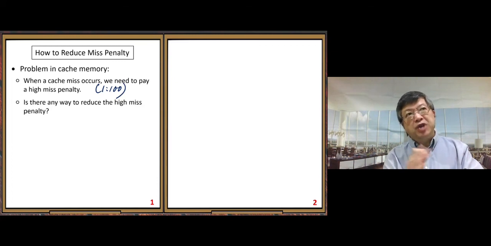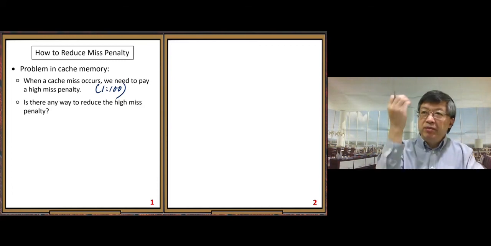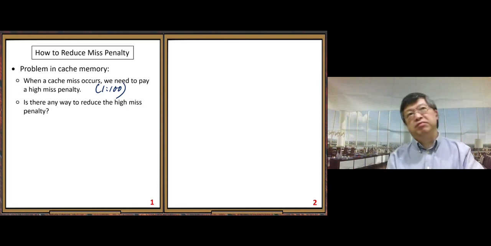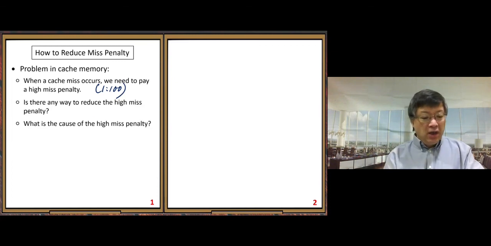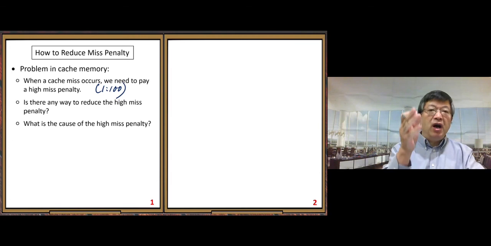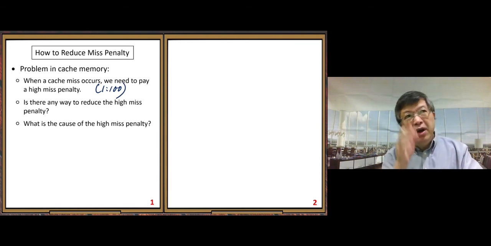After this topic, you will see there is a very good solution. The idea is pretty simple, but the result is really, really good. What is the cause of the high miss penalty? If we know that cause, we can find a solution.